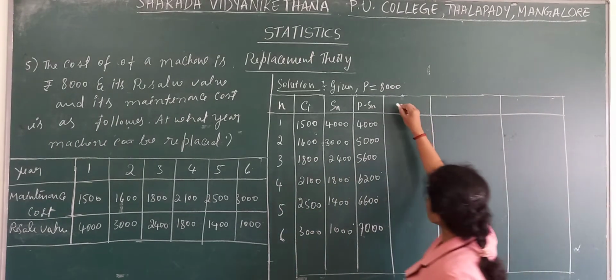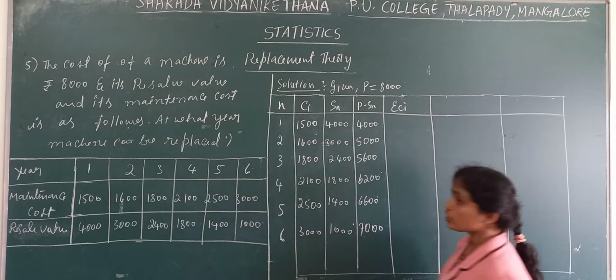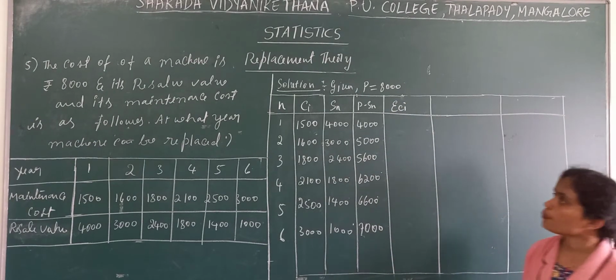Next we need to find the sigma CI, cumulative operating cost or maintenance cost.